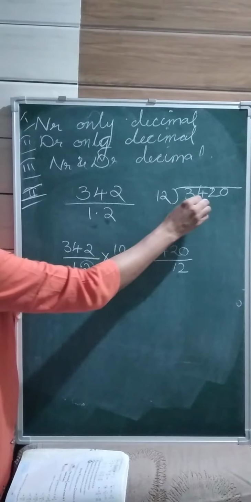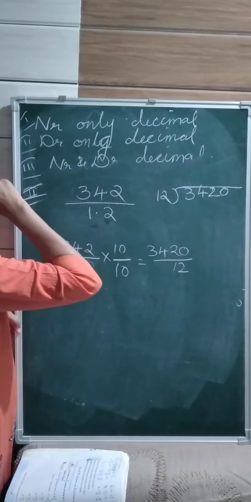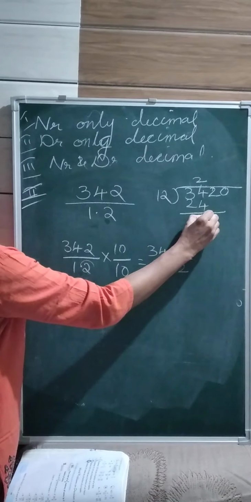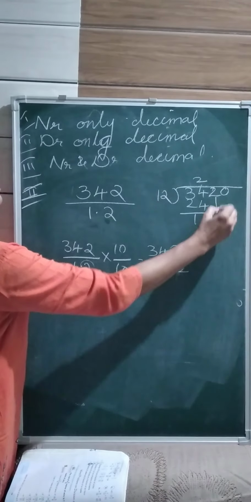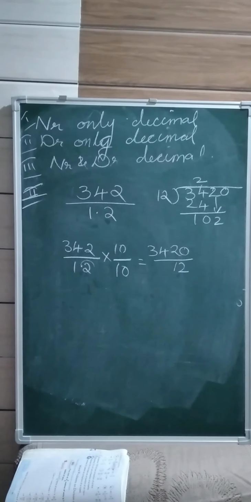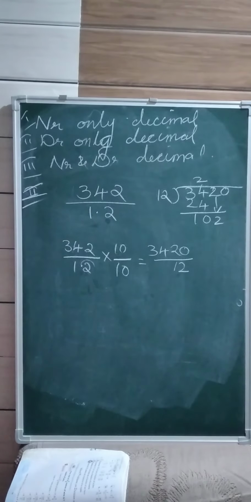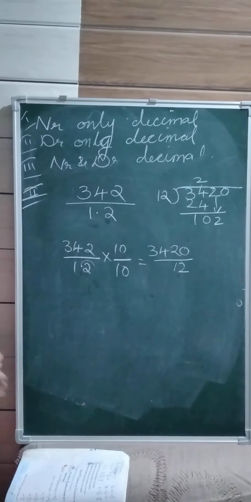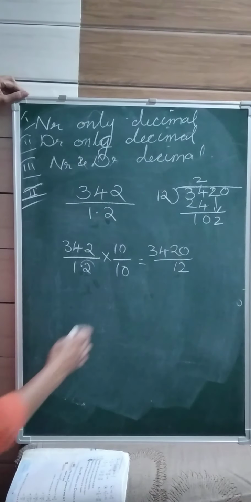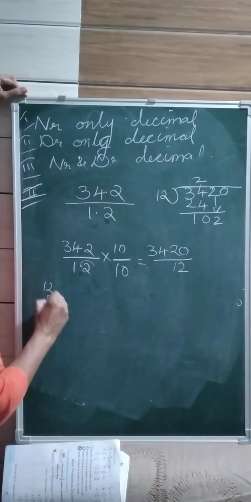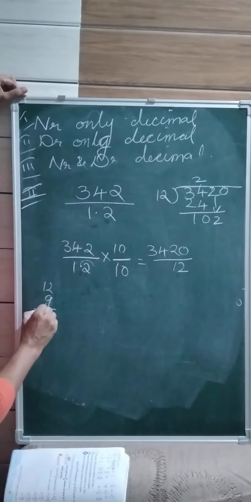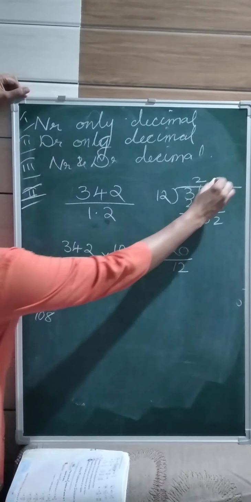In 34, how many 12s are there? 2, 24, and the balance is 10, next number is 2. In 102, how many 12s are there? 12 into 8, 8 only.